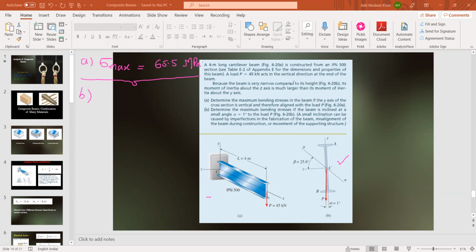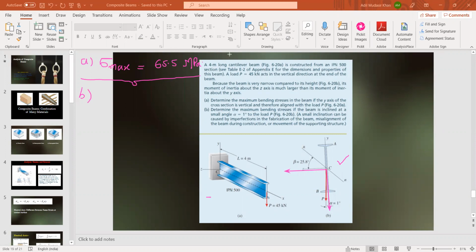Fine, the load is now inclined, so we can definitely resolve it. We can say this load can be resolved into two components. It's having one component like this, and another component will be perpendicular to the y-axis, that will be along z-axis like this.